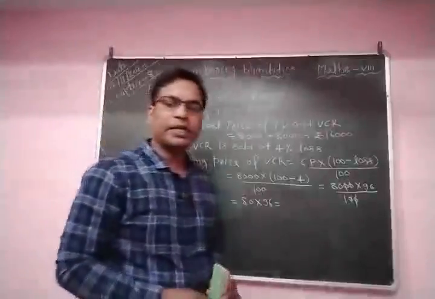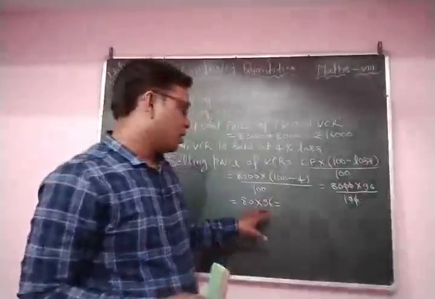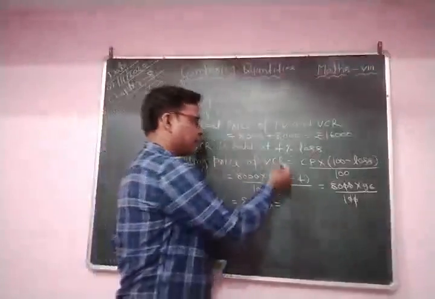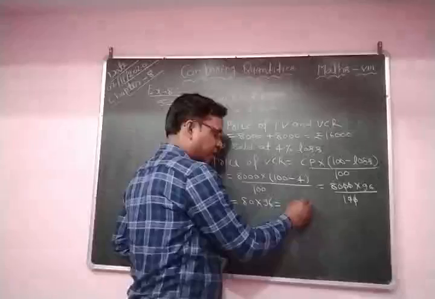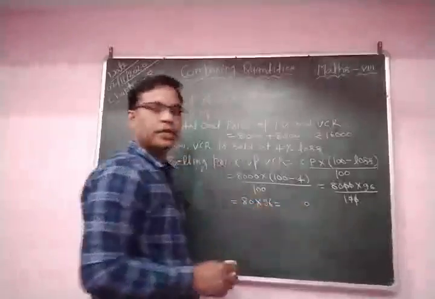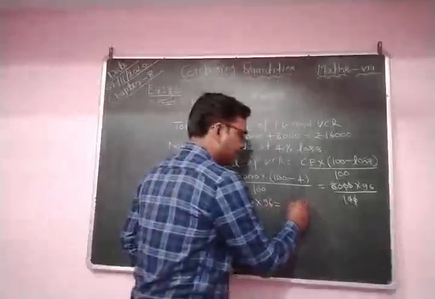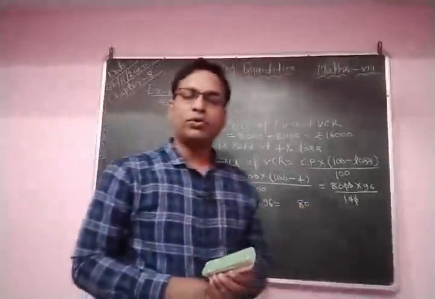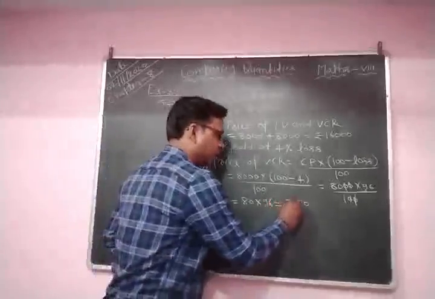If you multiply 96 by 80, you obtain the selling price of the VCR. If you multiply 0 by 96, you obtain 0. And again 8 into 6, 8 sixes are 48, carry 4. 8 nines are 72, 72 plus 4 is 76.